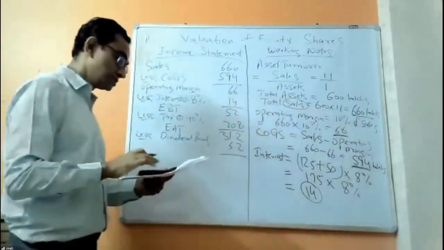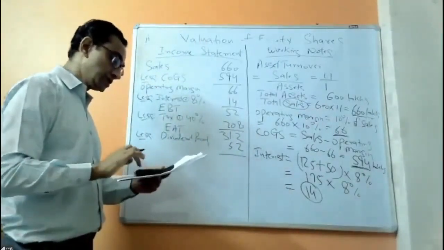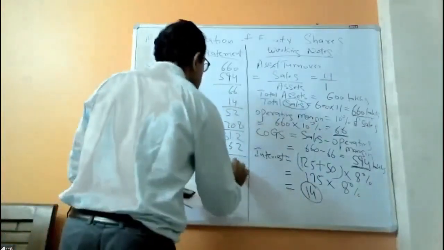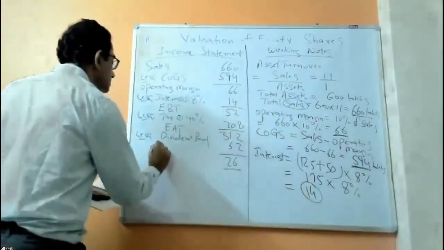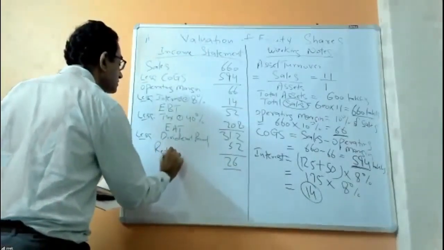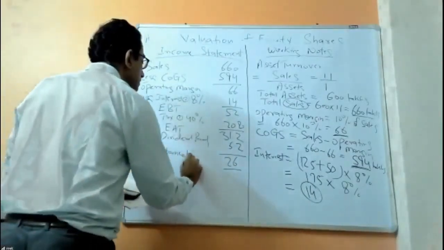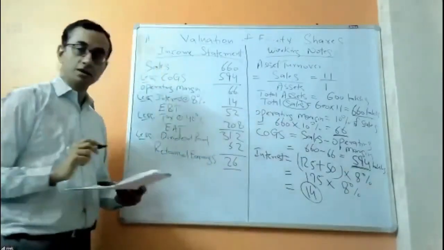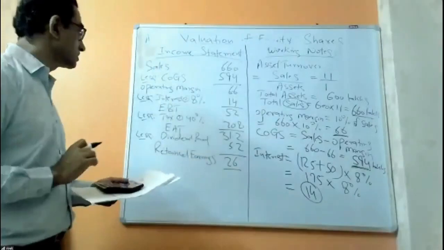So final amount, 31.2 minus 5.2, that is 26. So 26 is the retained earnings. So this is the income statement.